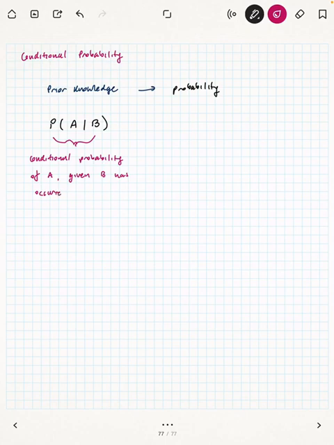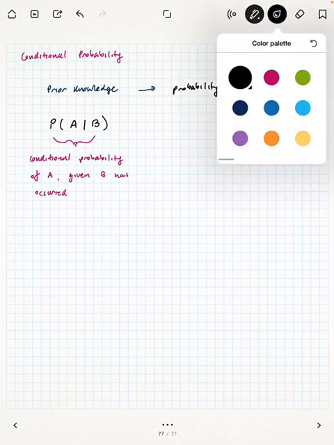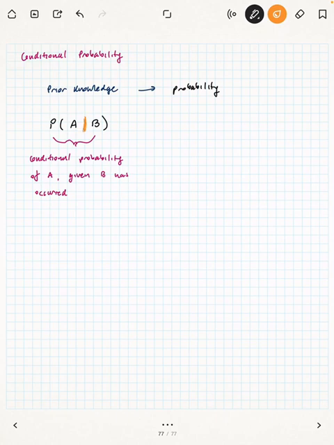So it's not the probability of B, it's the probability of A, but we've updated it now that we know that B has occurred. So really the interesting part here is the A, and then this part is just telling us what has already happened. So that bar is just indicating this is the condition that we're adding on to what we know about A.